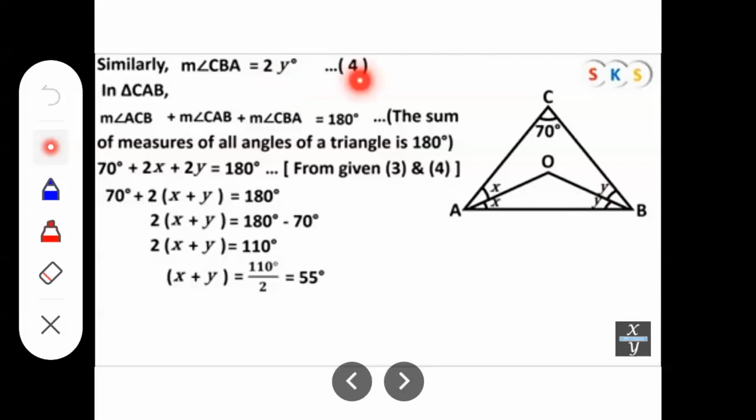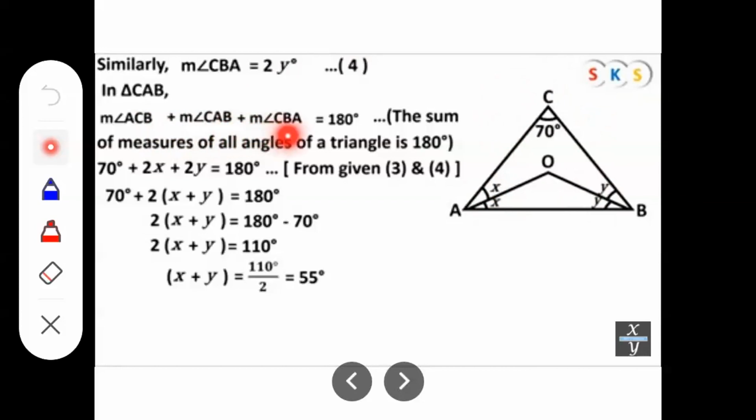Now we know all the values of the angles of the given triangle. That is 70, the complete value of angle A is 2x, and the complete value of angle B is 2y. So write the equation.